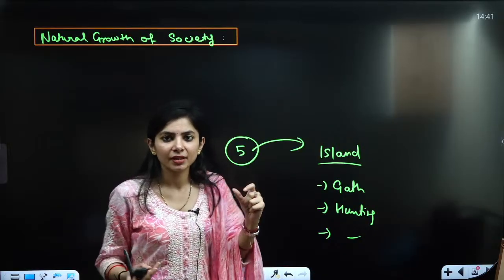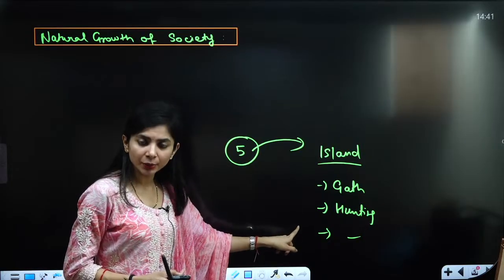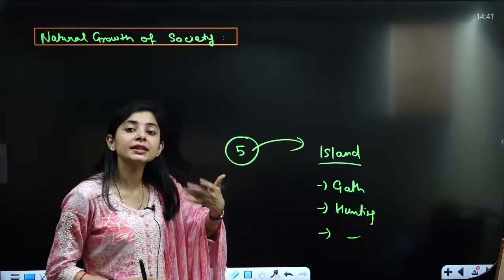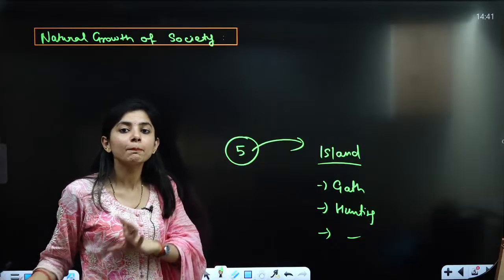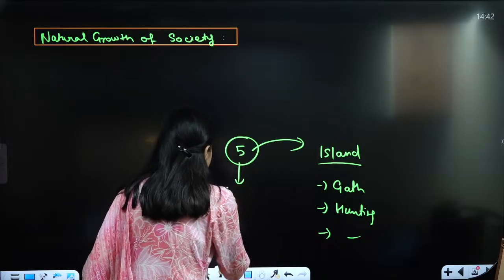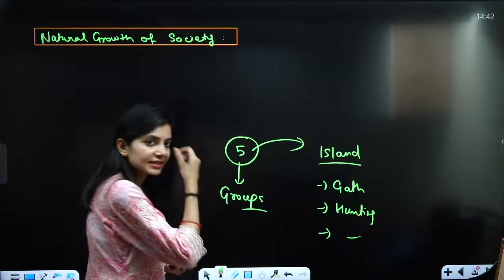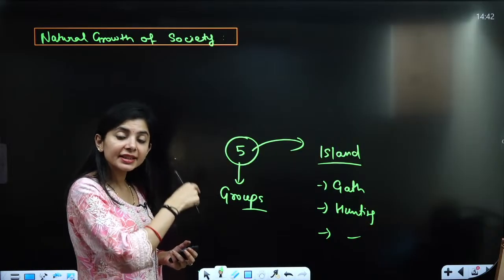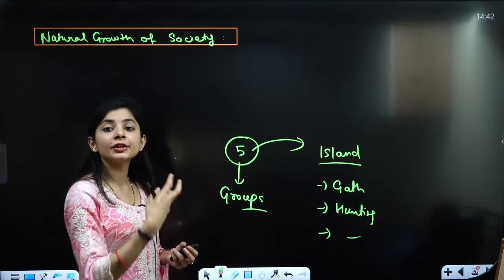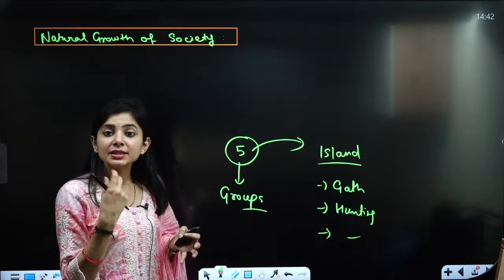In the same way, these 5 people on the island started feeling the need to have support of someone. In the search of support, they started creating groups, and these groups turned into some sort of discipline, some sort of rules and regulations.